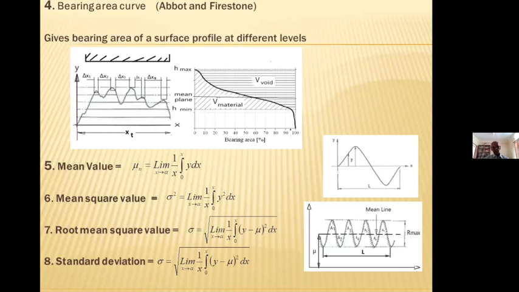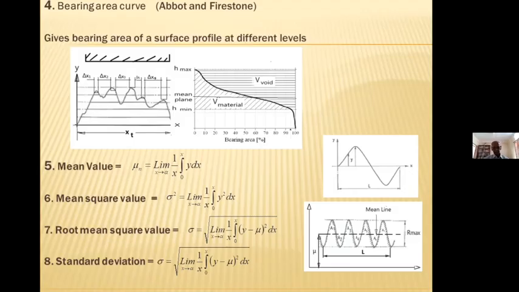Now we come to some statistical parameters that are used in industry also. Mean value. Mean value is very similar to what we have called CLA.